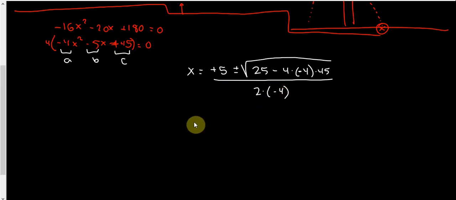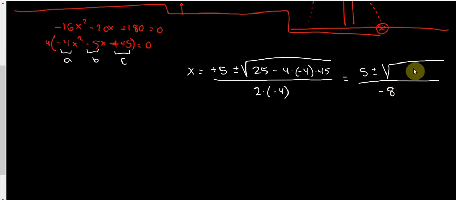So we can handle some of these pieces already. I know I have 5 plus or minus the square root of something, divided by negative 8. So let's figure out what's going to be underneath the radical: 25 minus 4 times negative 4 times 45.